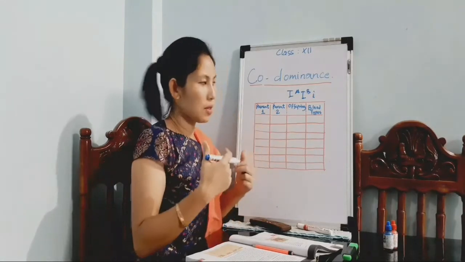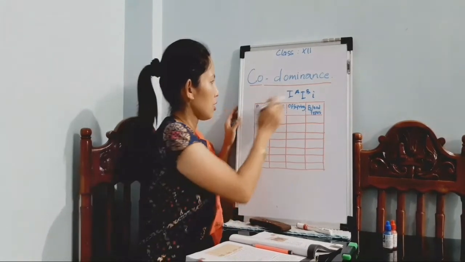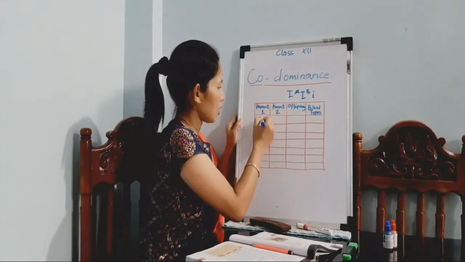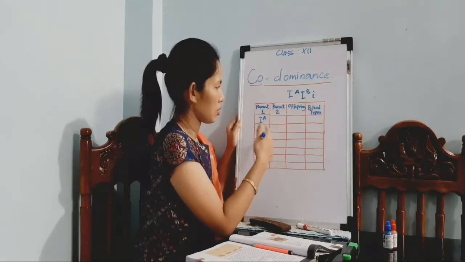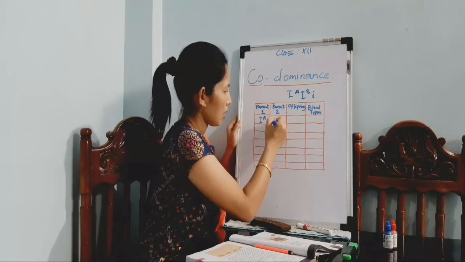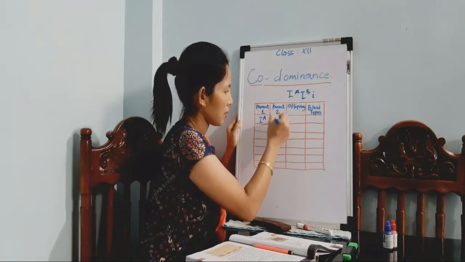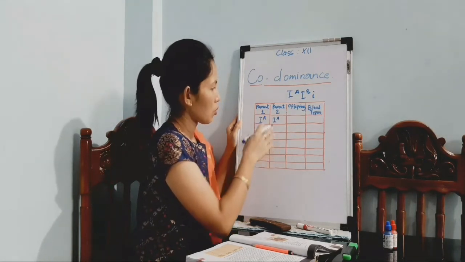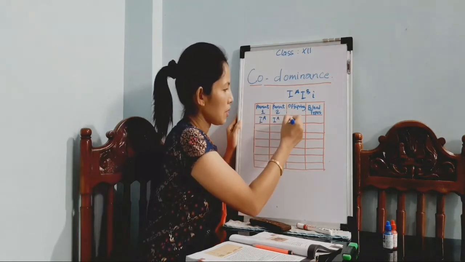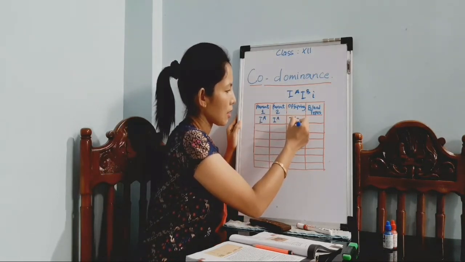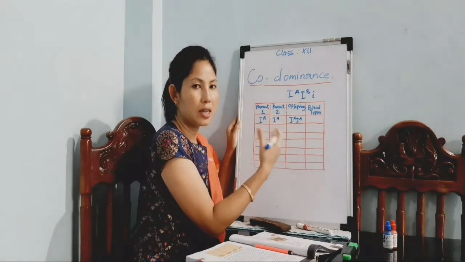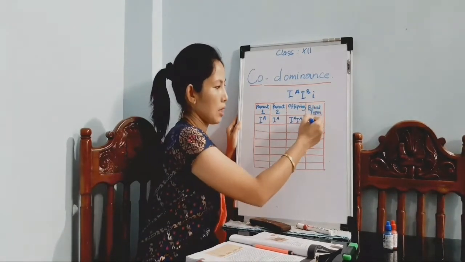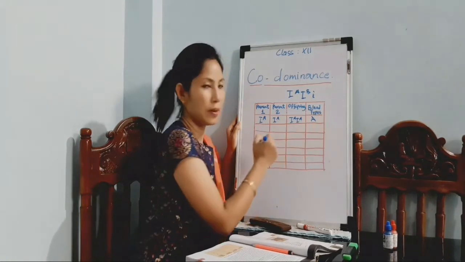So let us see, if parent 1 has IA and parent 2 also has IA, the offspring will be IA IA. Since both alleles are IA, the blood type will be blood group A.